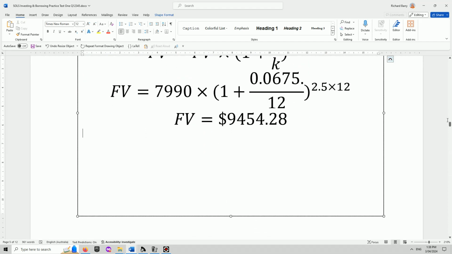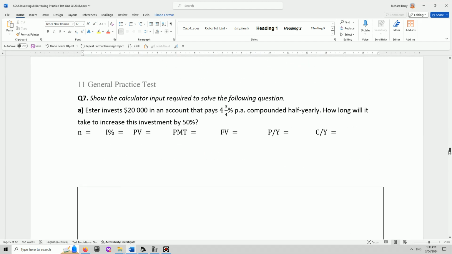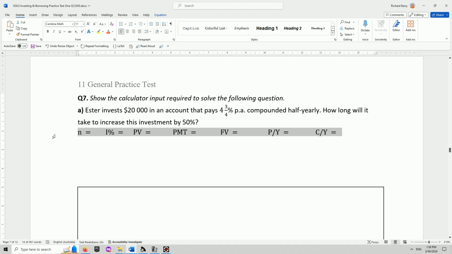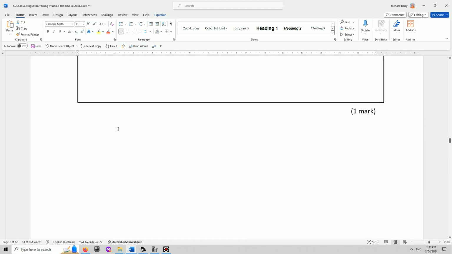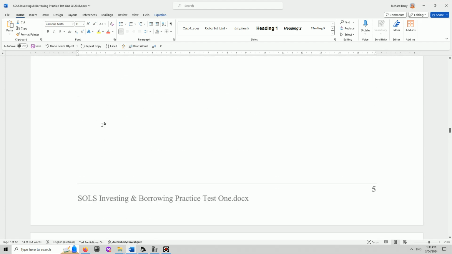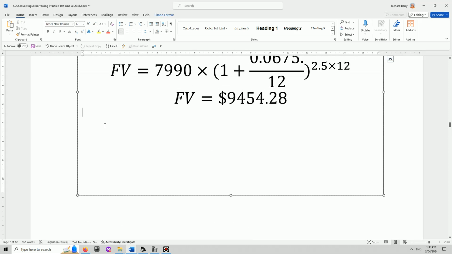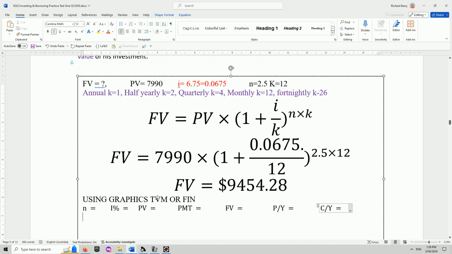Okay, let me go get my list of numbers. Any time you use the graphics calculator, the label is time value money, or finance. Here's what we're going to do for this question.